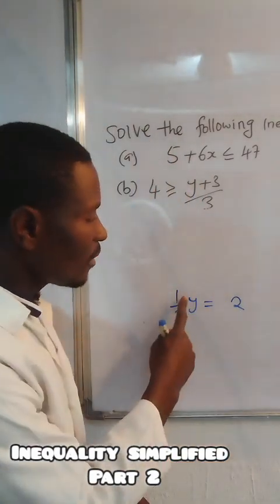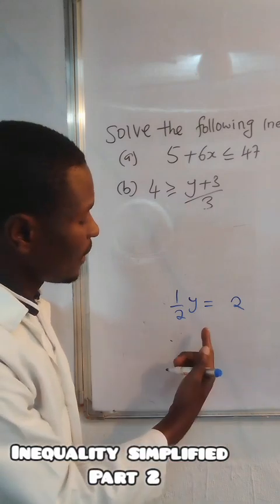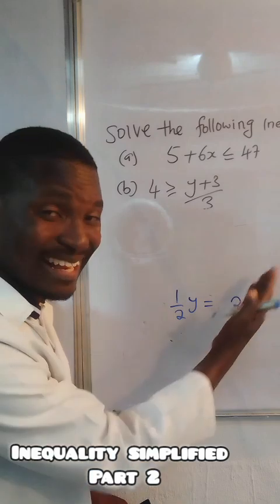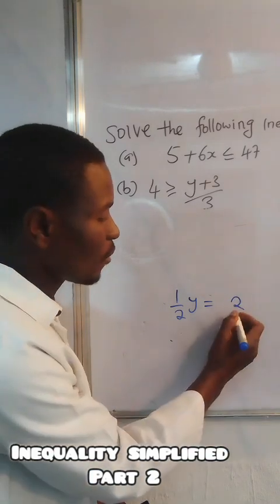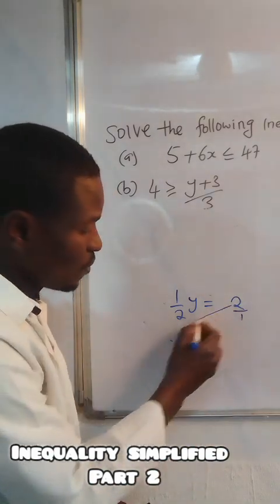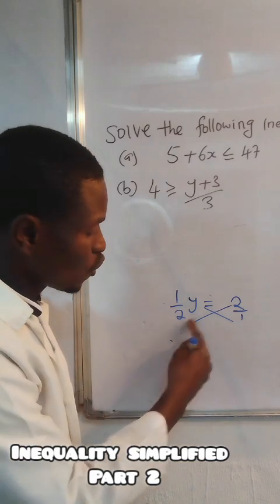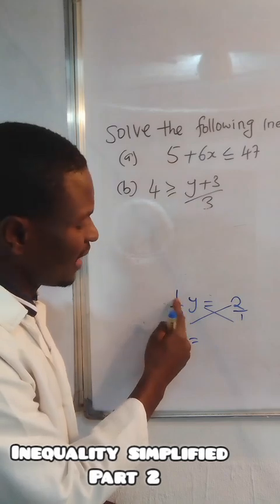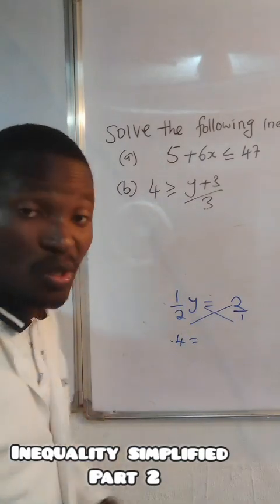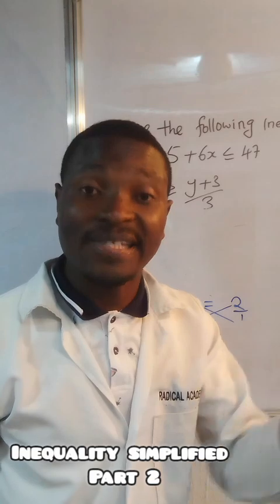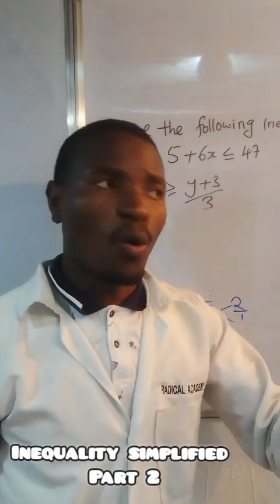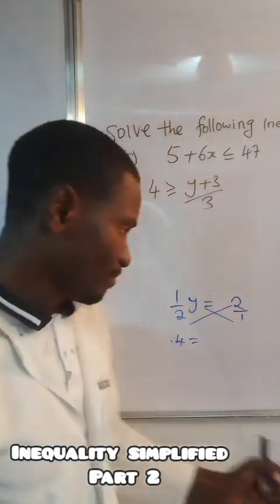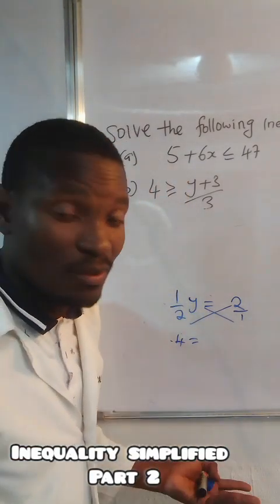You can do it in 2 ways. Because this is a fraction and there is an equal sign, I can cross multiply. So I put over 1 and then do this: 2 times 2 is 4, and 1 times y is just y.